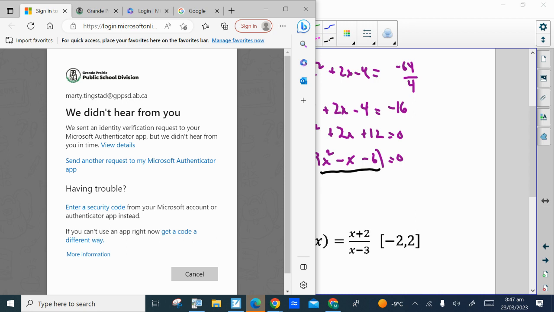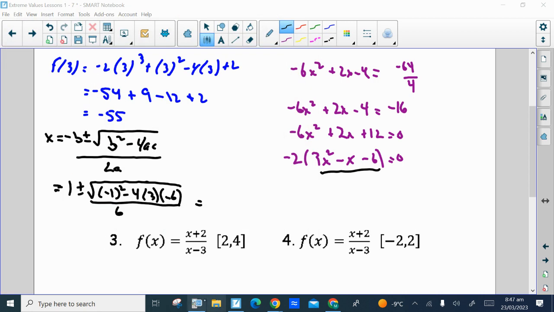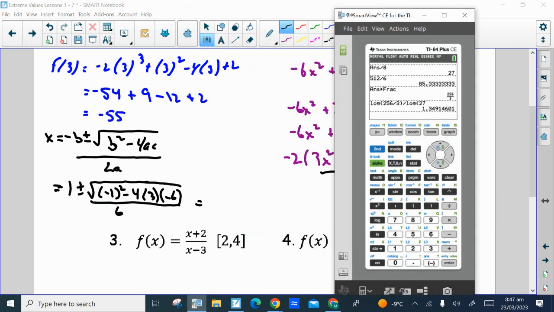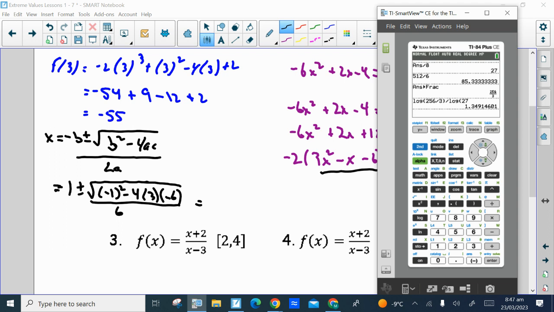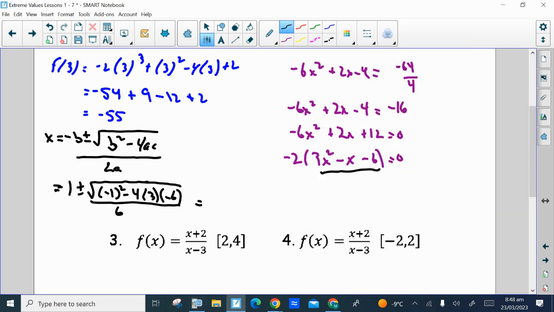So if we work out the value of the discriminant, remember, is what's under the radical. So negative 1 all squared minus 4 times 3 times negative 6 is 73.